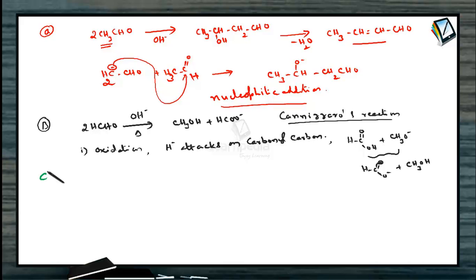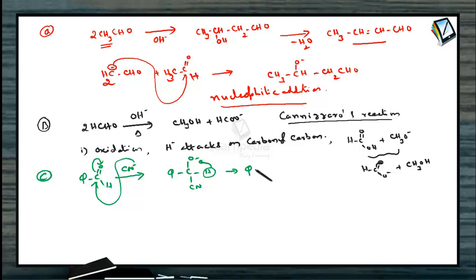And for C, which is benzaldehyde reacting with KCN, alcoholic potassium cyanide, the CN minus will go and attack here to give this. So nucleophilic attack is already there. C6H5CHO minus CN, and here this H plus migrates to this position to give C6H5CHOH CN, and this is the electron pair carbanion which attacks another benzaldehyde molecule.